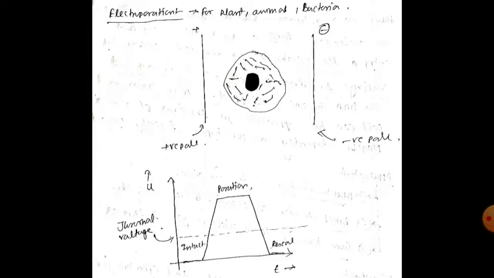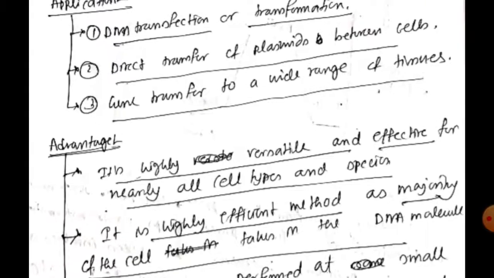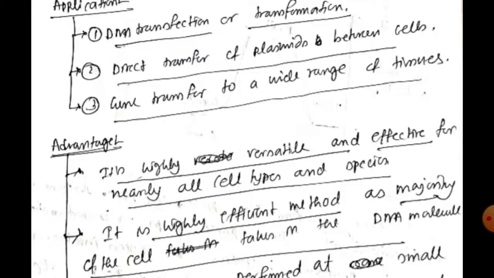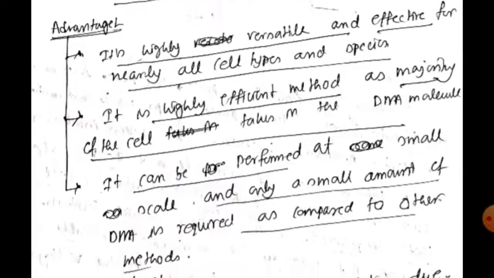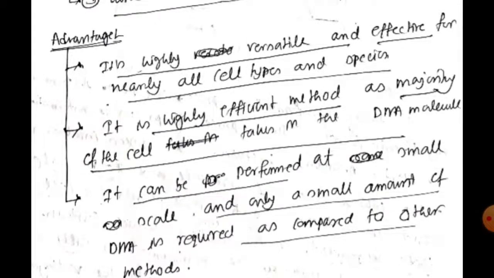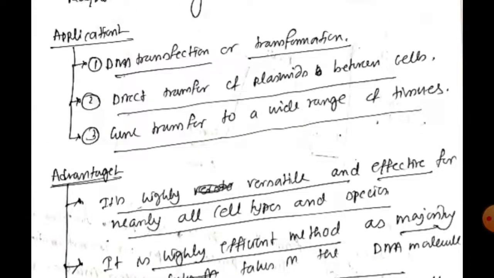So what are the advantages of the electroporation technique? You can use electroporation to transform any kind of cell type. Another important thing is that if you want to perform a transformation step on a very small scale and you have a very small amount of sample, the electroporation method can still help you get a transformed cell.